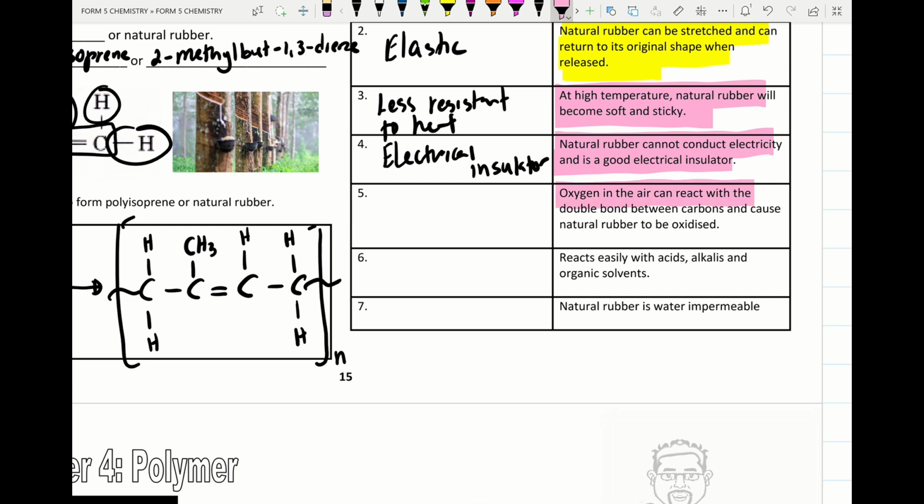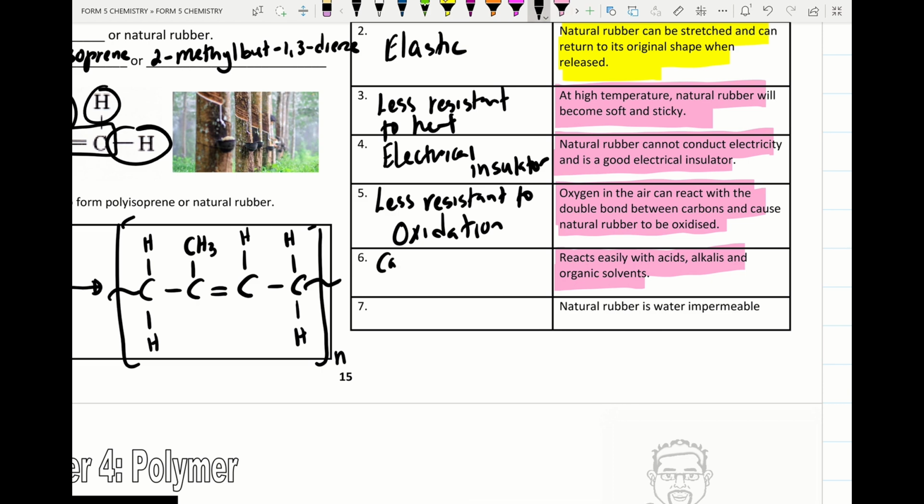Point number 5: oxygen in the air can react with the double covalent bonds between the carbon atoms and cause the natural rubber to be oxidized. That means natural rubber is less resistant to oxidation. Point number 6: it reacts easily with acid, alkali, and organic solvents.